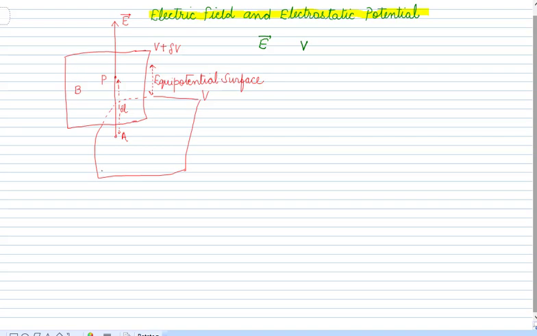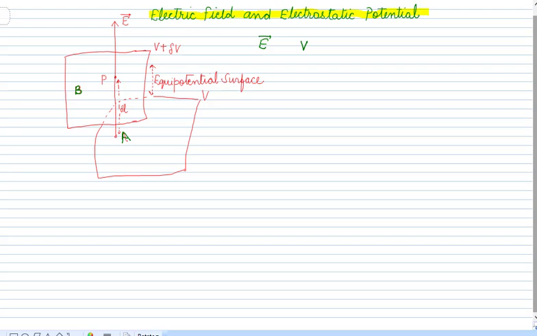We have taken one equipotential surface, surface A. It is an equipotential surface kept at a constant potential V. And there is another equipotential surface, which we call surface B. Surface B is again an equipotential surface, which means on any point of surface B, the electrostatic potential is the same.